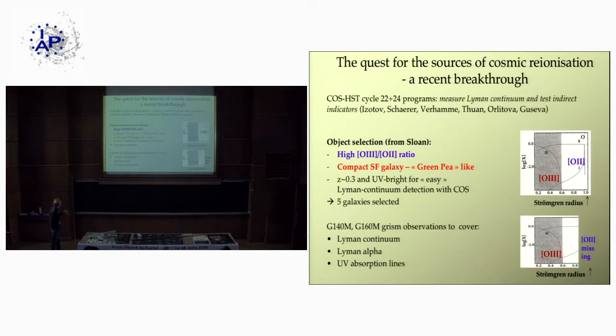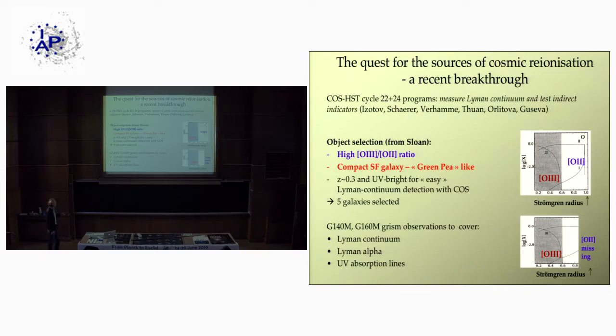So things changed a little bit when a few years ago, with Anne, Trinh, Yuri, Ivana, and others, we sat together and said that we would simply like to test this very basic suggestion that the O3 to O2 ratio could be an indication of Lyman continuum escape.